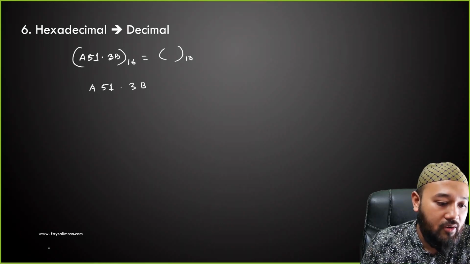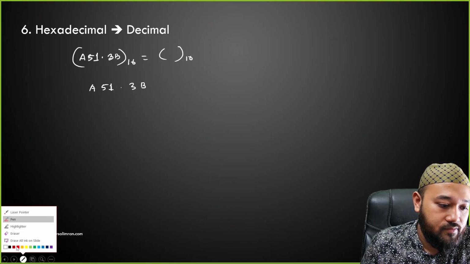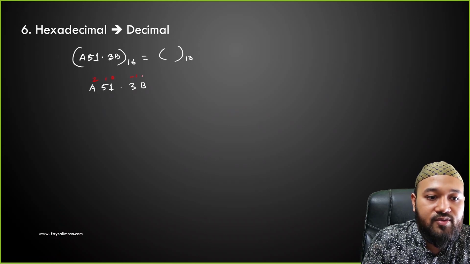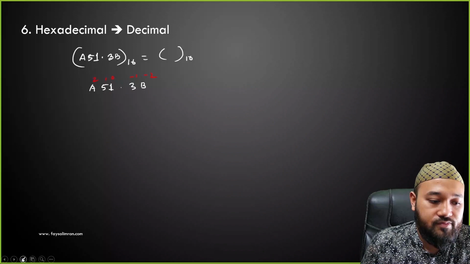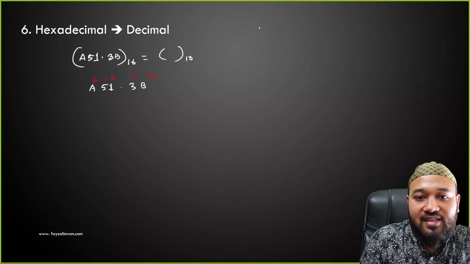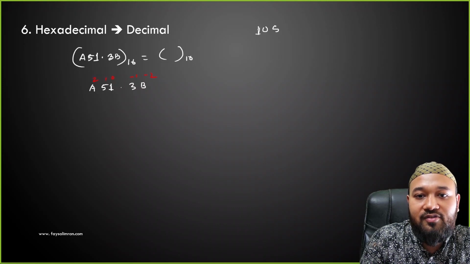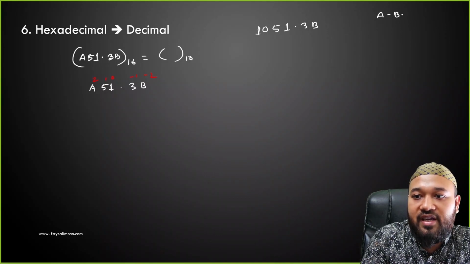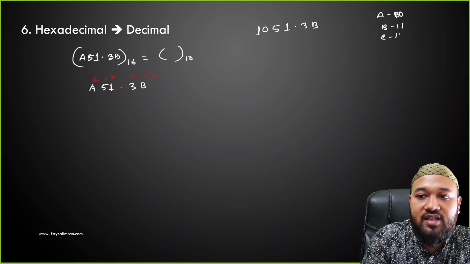Now the powers will be 2, 1, 0, minus 1, minus 2. But you will make a mistake: you will write 10, 5, 1.3b, because you know A means 10. In a hexadecimal system, A indicates 10, B indicates 11, C indicates 12.